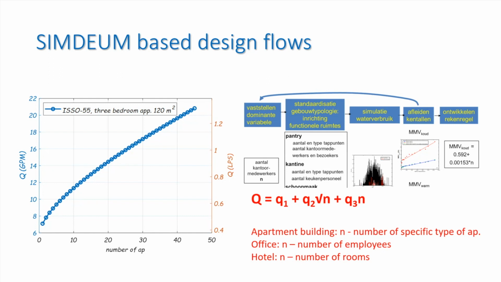And we found that we could describe this curve as Q1 plus Q2 times the square root of N, where N would be the number of apartments, for example, plus Q3 times N. This Q3 is rather small, but you will see that there is a straight line when N is large, and in this middle part there's still this square root curve that you can see appearing.